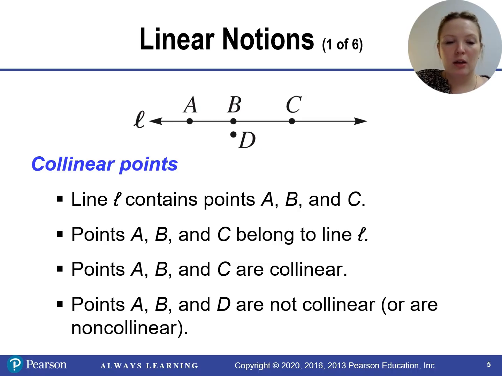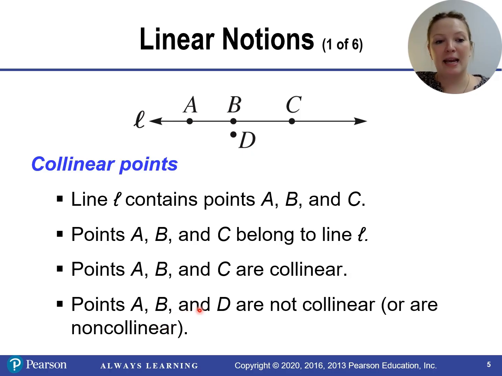So linear notions, we might have something called a collinear point. So in this figure we have line L. It contains 3 points, A, B, and C. A, B, and C are all on the same line L. So we say that they are all collinear, all on the same line.